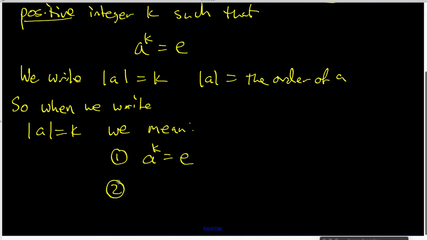But the second thing is we also mean that if I take an integer l that is positive, so it's bigger than or equal to 1, and it is smaller than k, then I also know that a to the l is not going to be the group identity element. So when we say that the order of an element is equal to k, both of these things are true.